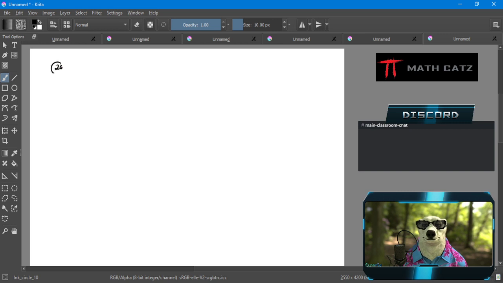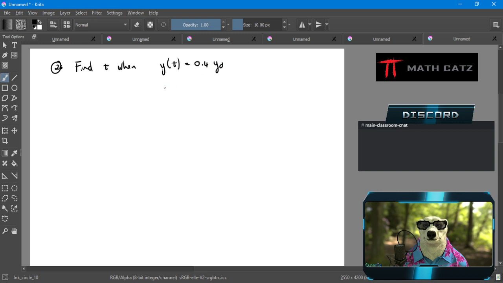So in number 2, we're looking to find the time that it takes for my carbon-14 amount to be 40% of what it originally was.